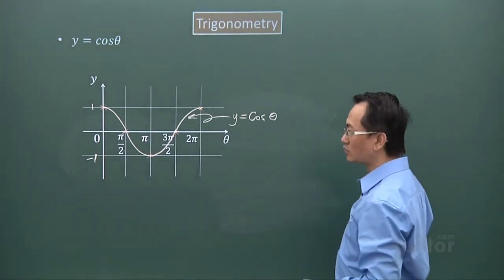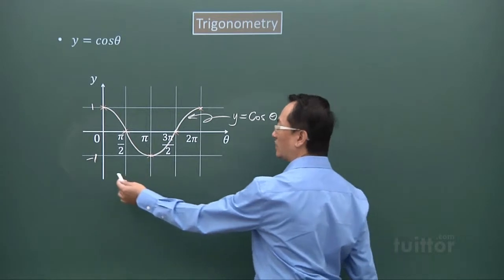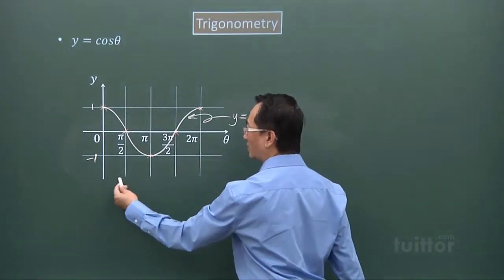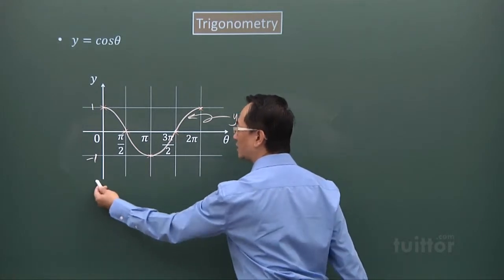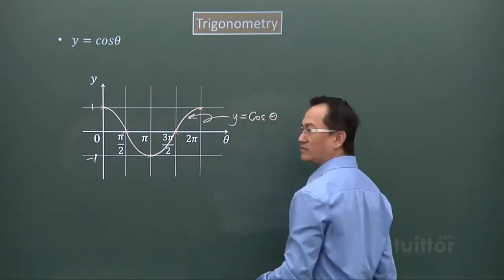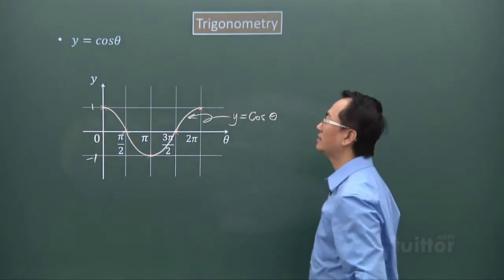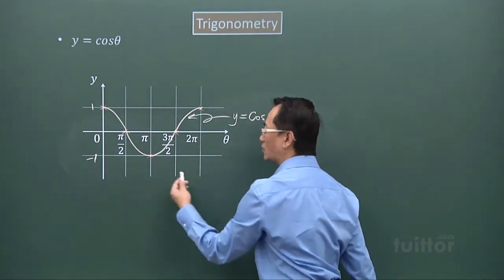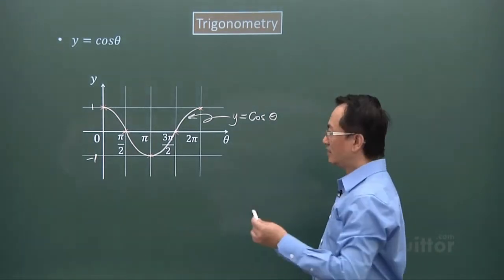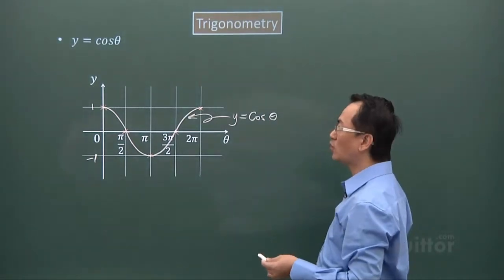So the 1st quadrant is between 0 and pi on 2. For degree form, it will be 0 degrees to 90 degrees and so on. So that's why the 4 portions are closely linked to the 4 quadrants.